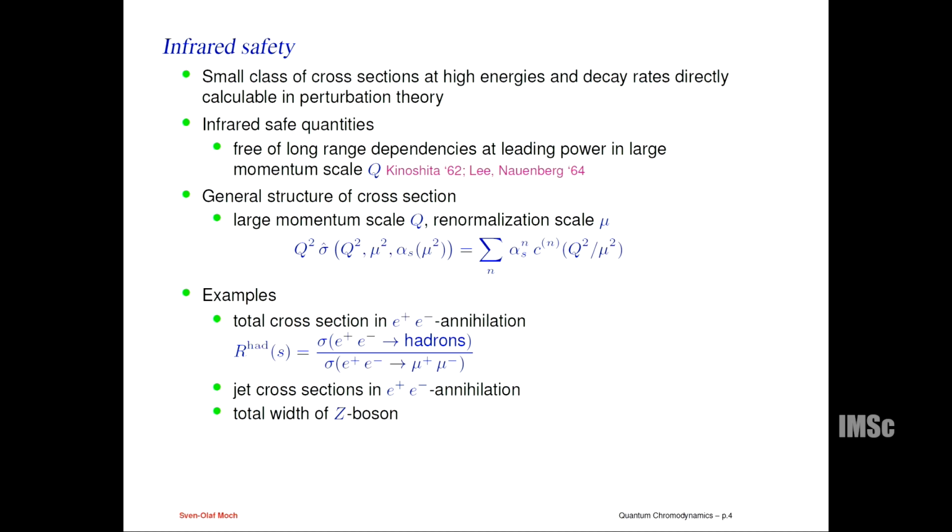Then you have a dimensionless number that you can calculate directly in QCD, and this is infrared finite. Also, you can calculate the total width of the Z boson, and these are finite quantities that we can do directly with perturbative QCD.